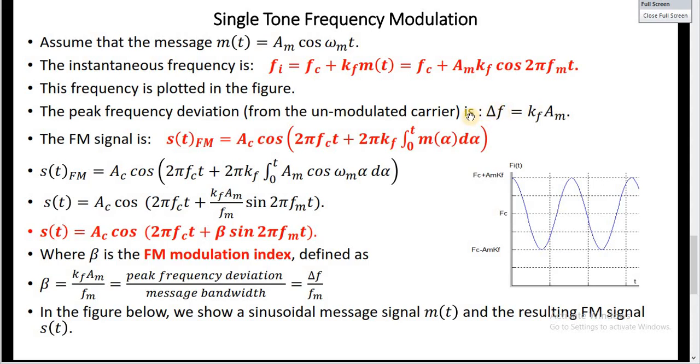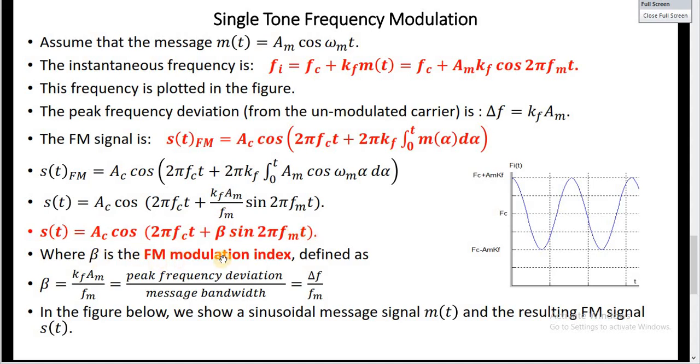This is delta f by fm, and this quantity is called beta, or the FM modulation index. So S of t equal Ac cosine 2 pi fct plus beta sine 2 pi fmt.